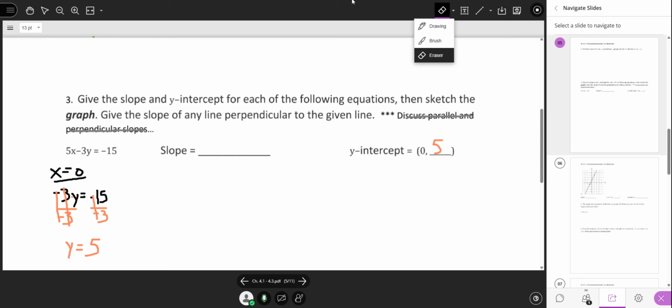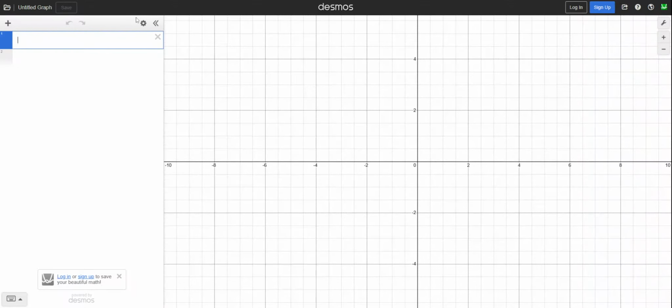And let me go ahead and go to Desmos and do this. 5x minus 3y equals negative 15. There's my y-intercept, and there's my x-intercept.